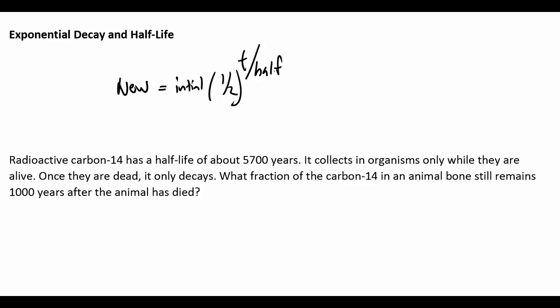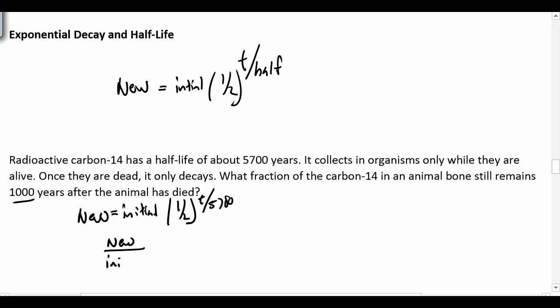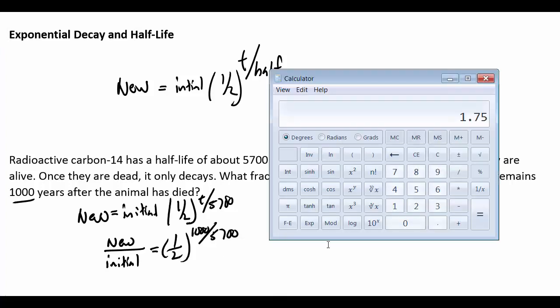Okay, going back up to our formula, we have new equals initial times 1/2. That 5,700 is the time it takes to get half, so that's where we're sticking that number. In this problem they're asking what is the percent still around after 1,000 years. So if we move the initial around and replace the t with 1,000, that'll give us a percentage that represents what amount is still around. Let me pull out the calculator again.